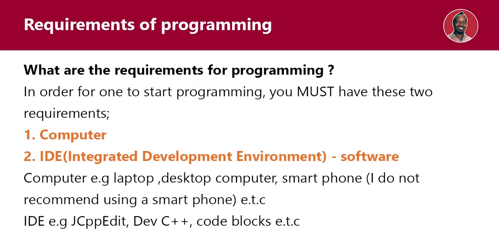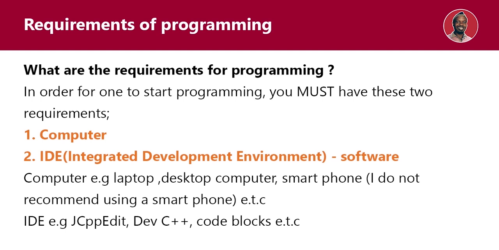So, requirements of programming. What are the requirements for programming? In order for one to start programming, you must have these two requirements: a computer and an IDE, which is Integrated Development Environment. This is a software.